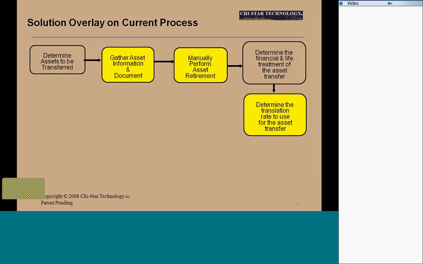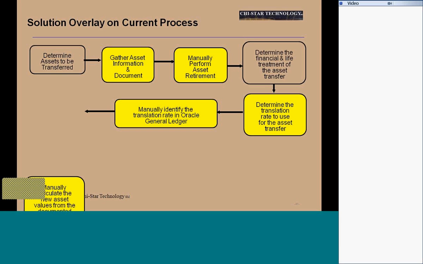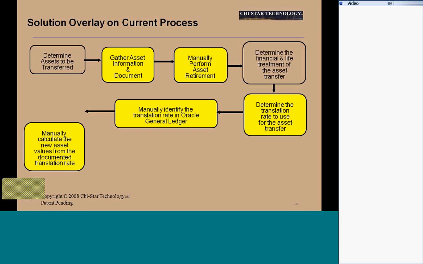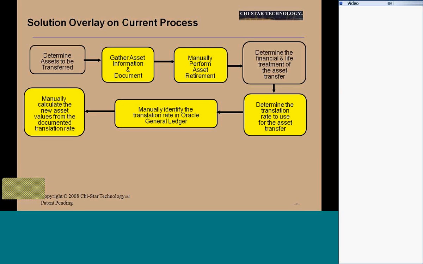You won't even have to think about currencies. You won't have to worry about going into the general ledger and grabbing the translation rate. The manual bit of recalculating the new values will be eliminated, and the addition into the new depreciation book will be eliminated.